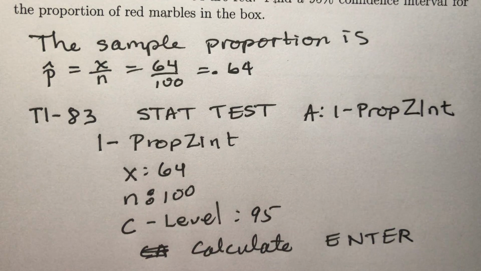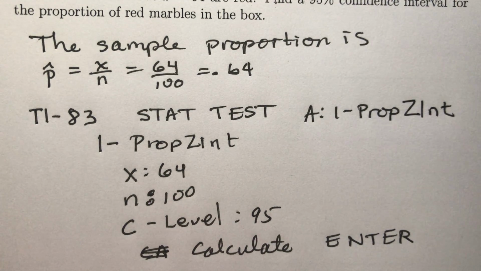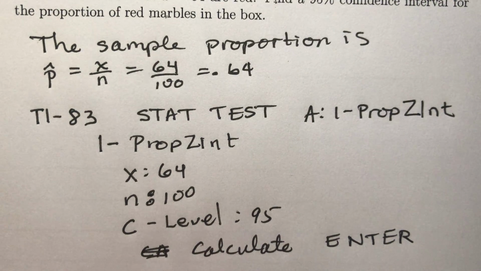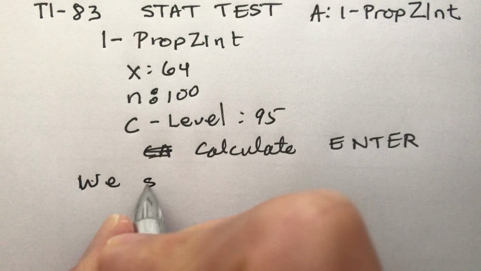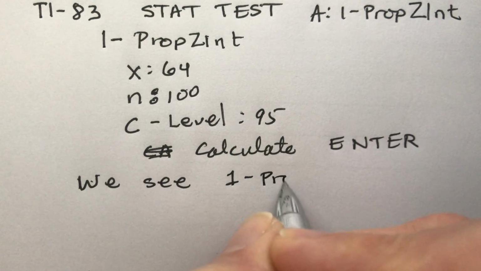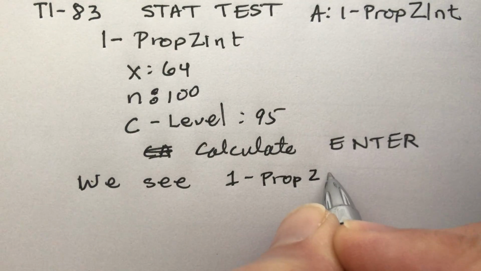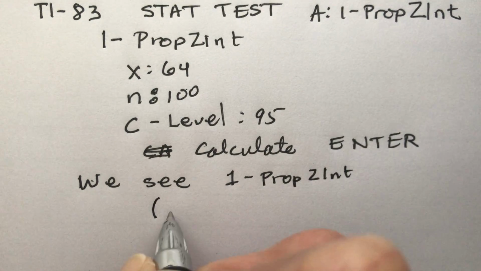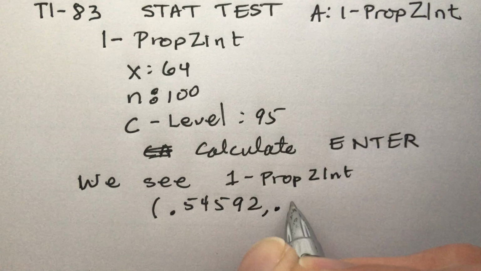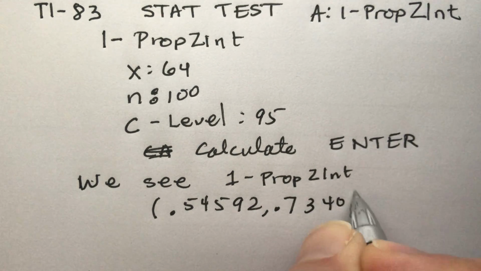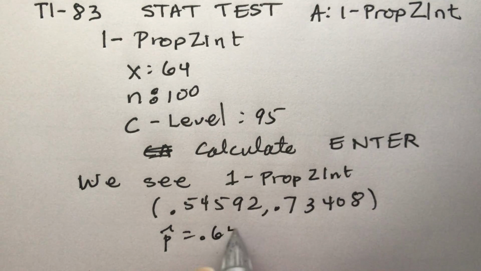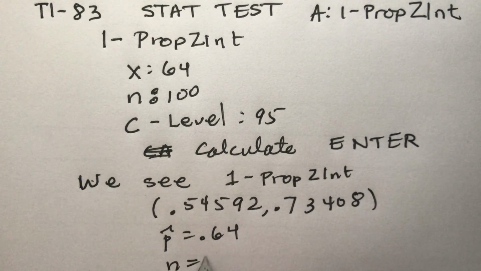I'm going to write down what I saw on the calculator: 1-PropZInt, 0.54592, 0.73408, and then p hat equals 0.64 and n equals 100.